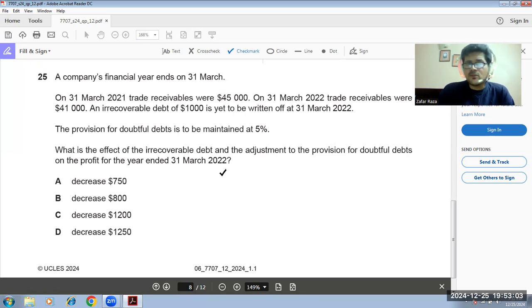So profit is going to be decreased by 1,000 for irrecoverable or bad debts, and profit is going to be increased by 250 for the decrease in provision for doubtful debts. So it means total profit is going to be decreased by 750. So A option should be the answer. Okay.